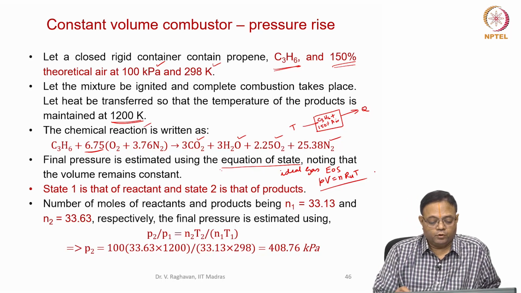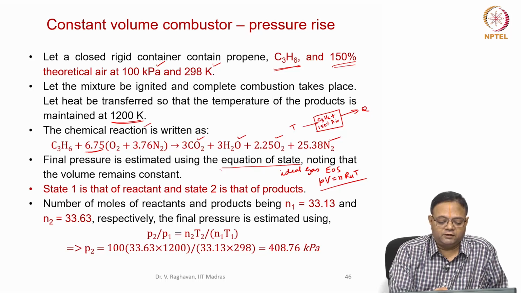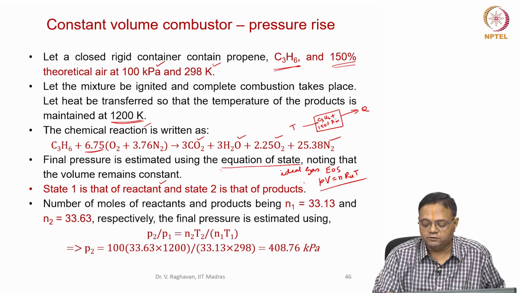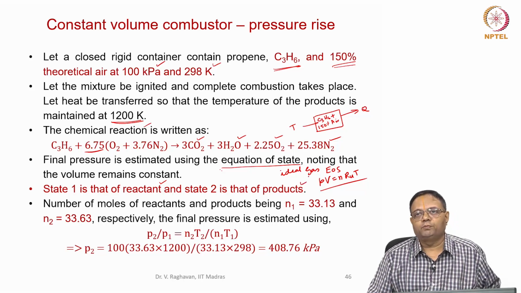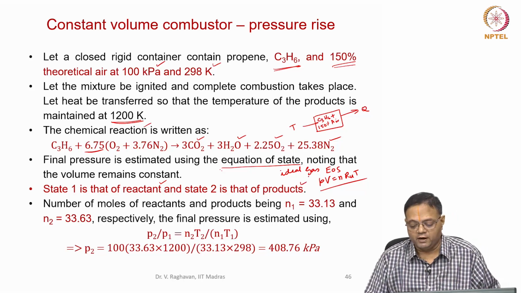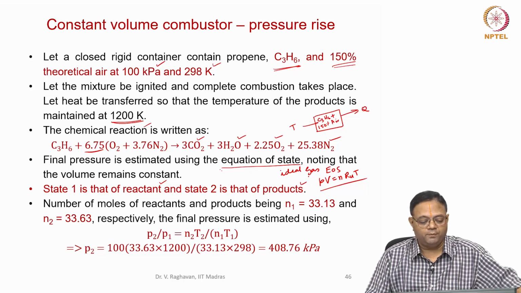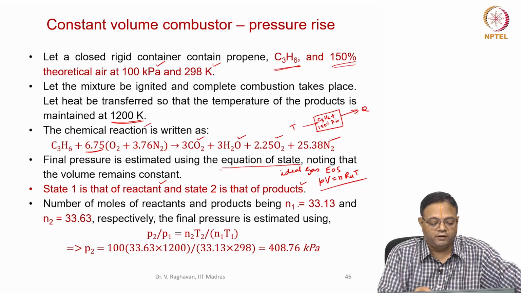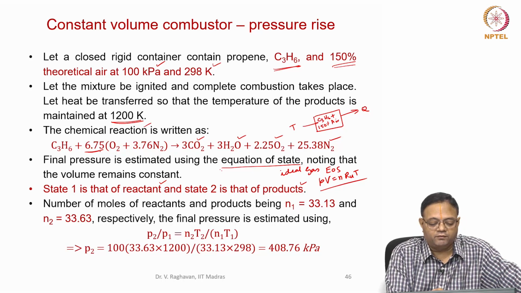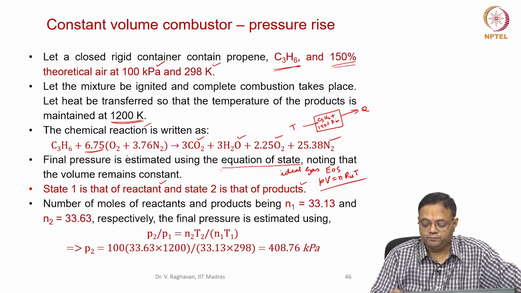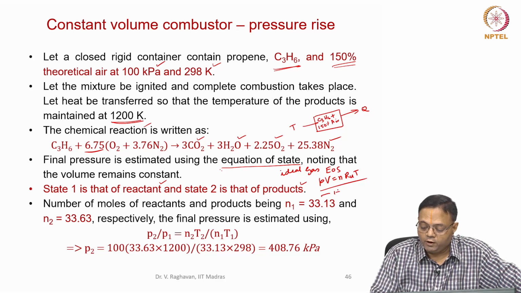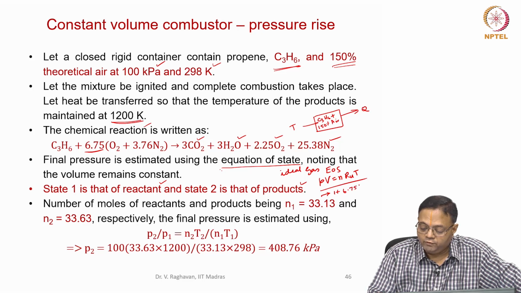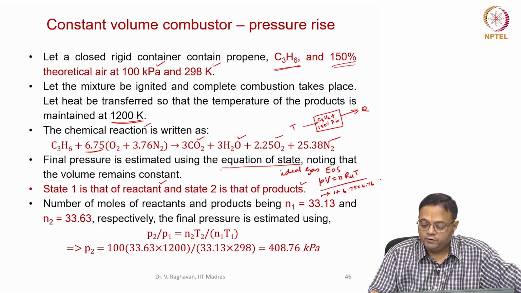Now we have already seen that state 1 initially is that of the reactants, then finally it becomes products. It's an irreversible process. Once the products are formed, we cannot get back the reactants. So the number of moles of the reactants, N1 or N_R, is 1 plus 6.75 into 4.76.